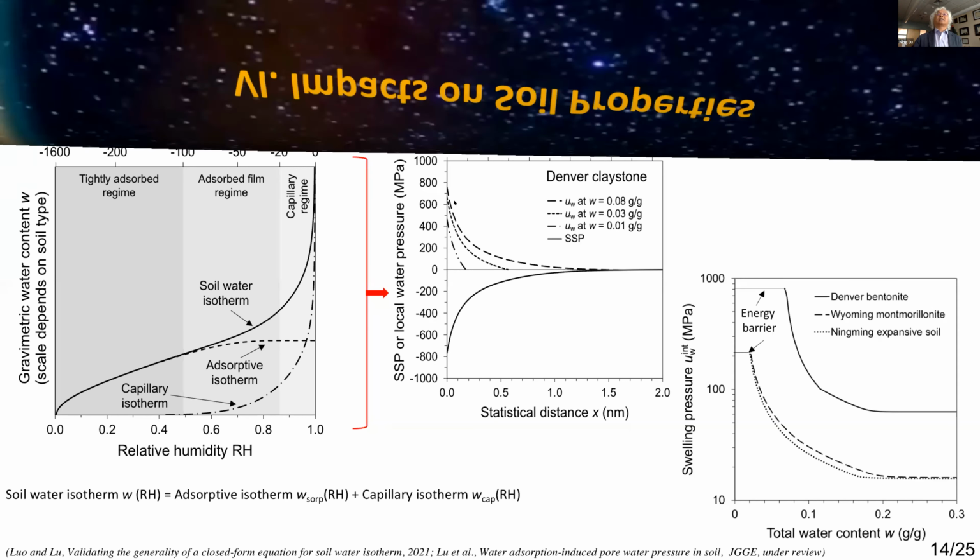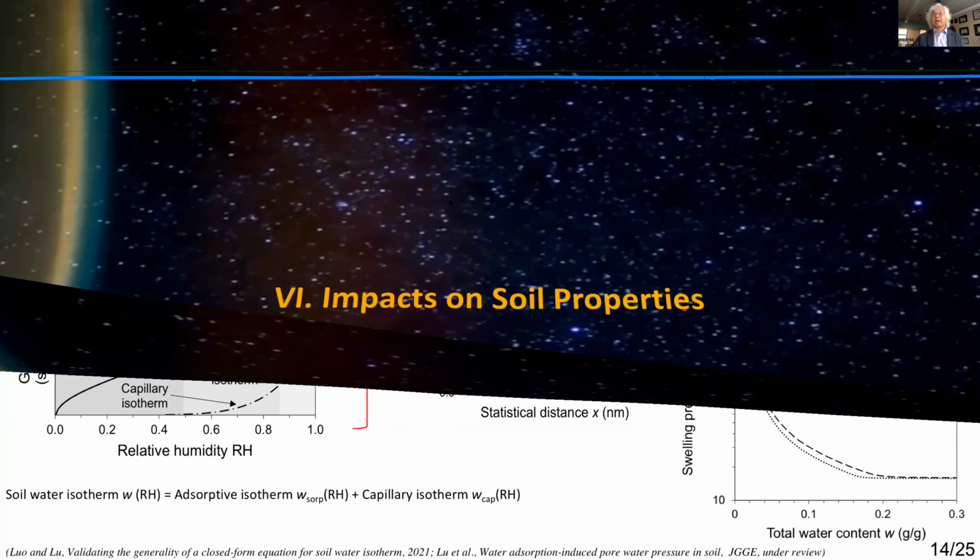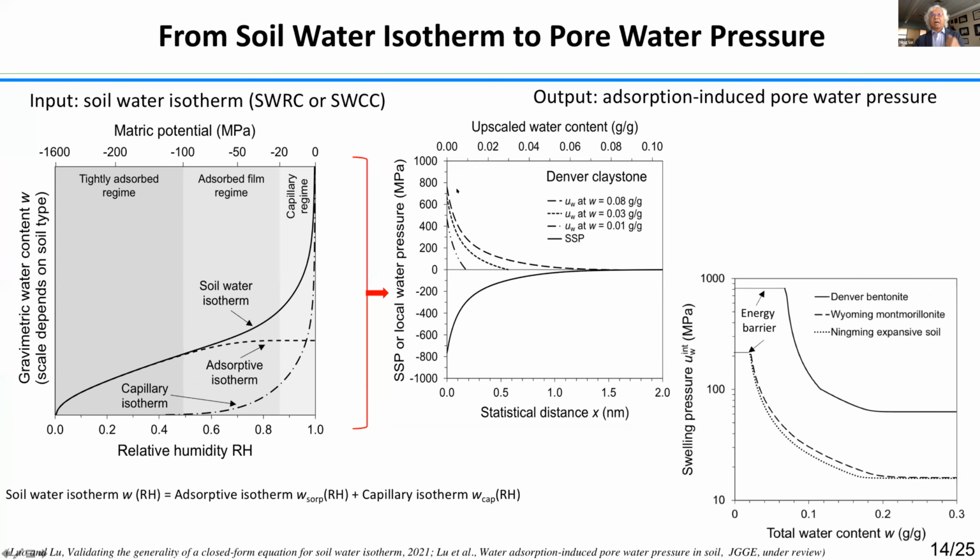It can be very high. For this case, for example, it could be as high as hundreds of megapascals. For expansive soil, in fact, you can further figure out the pressure outside and the swelling pressure inside. In this case, we see that for the swelling pressure there's a barrier here: lower than a certain water content, the water is not going to be able to go in. From there, you're going to see the swelling pressure start to expand the interlayer, and the swelling pressure is going to continue to decrease until the water content is very high.